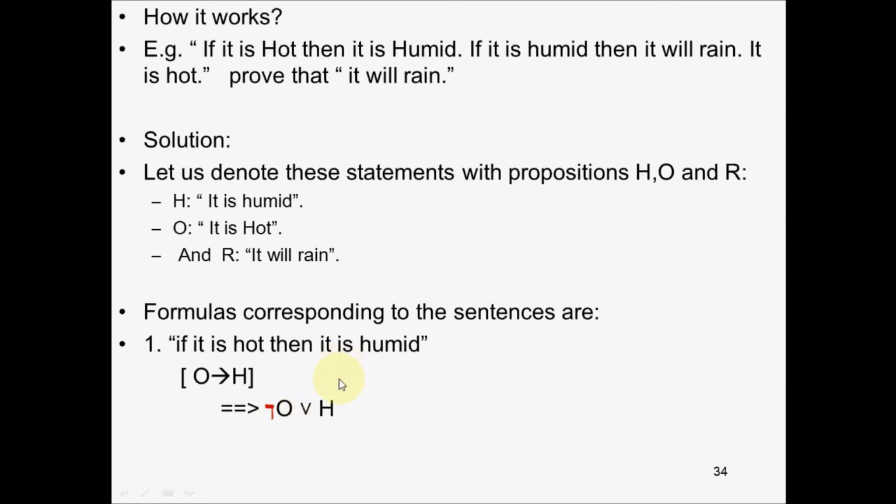Let's head on to the second sentence. The second sentence is, if it is humid then it will rain. H is the proposition for humid and R is the proposition for rain, so this can be written as H implies R. That means if it is humid then it will rain.